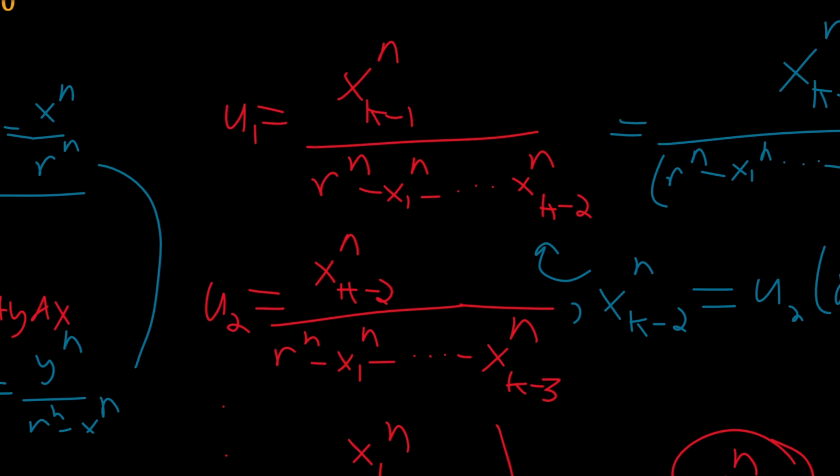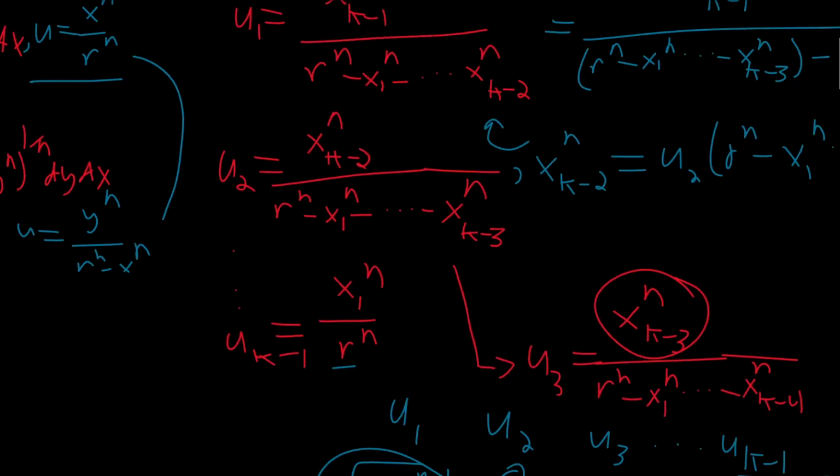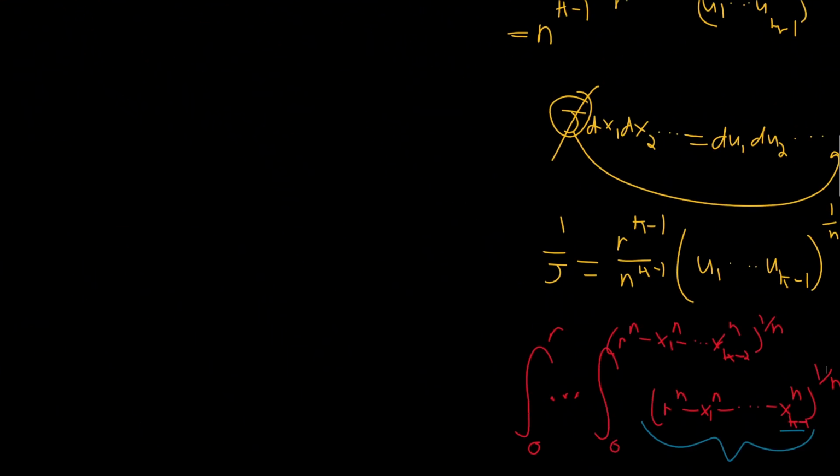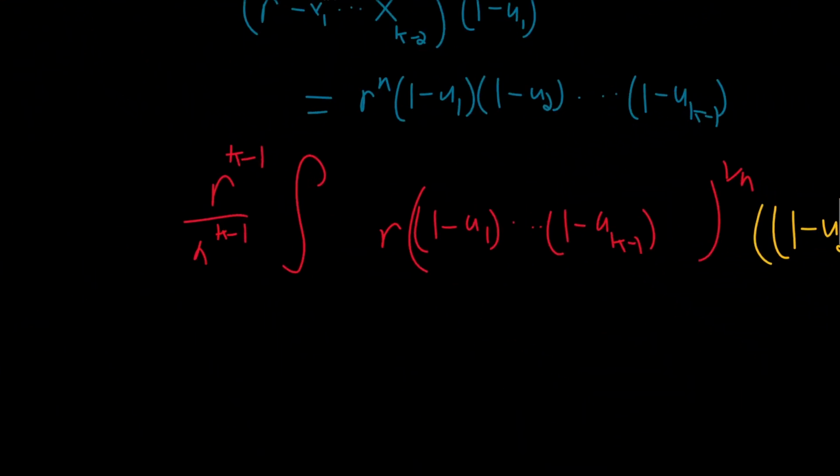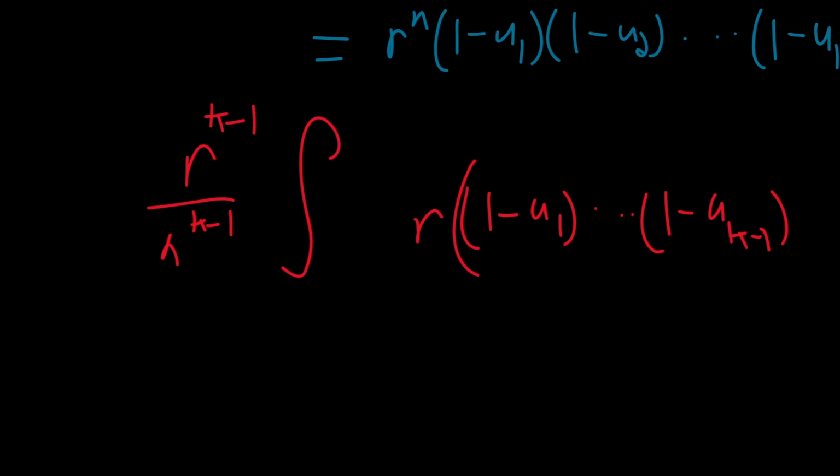So u1 is going to range from x_{k-1} being 0, so u1 being 0, to 1. Whenever we plug in each bound for our integral, it's going to be 1 every single time. So coming back down here, it's just an integral from 0 to 1 every single time, and that is one of the reasons why we chose this transformation of coordinates.